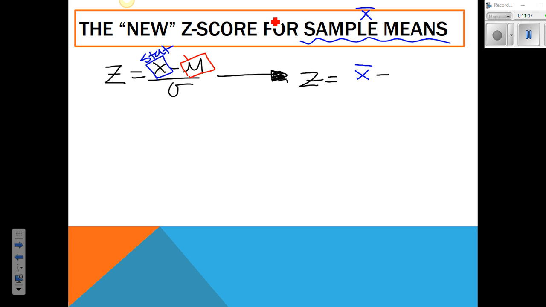This mu should be our parameter. What's our parameter here going to be for X bar? What's the symbol for not a sample mean, but a population mean? Not P. P is for proportion. What's the population mean symbol? Mu. So does it change? No. Isn't that nice? It just copies over.